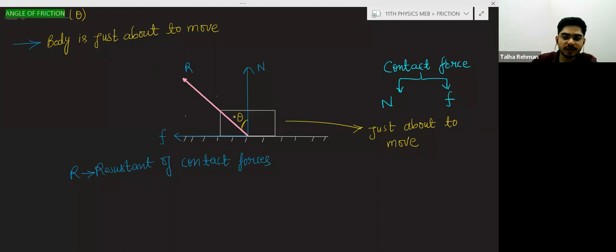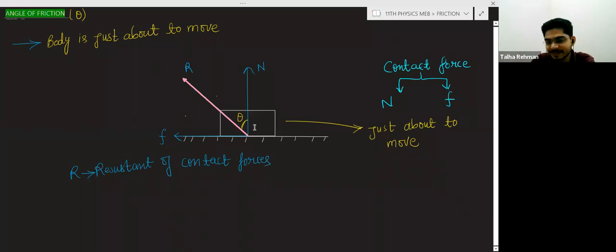When this object is just about to move, it means the applied force on this object becomes equal to the maximum value of the static friction force, that is the limiting friction force. Okay.